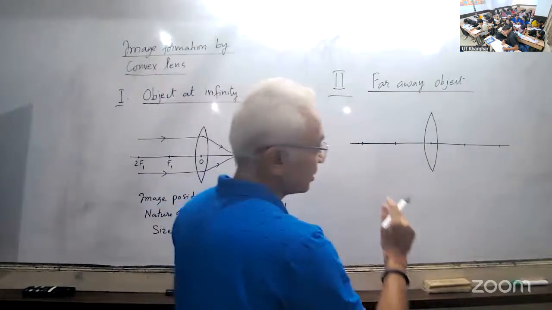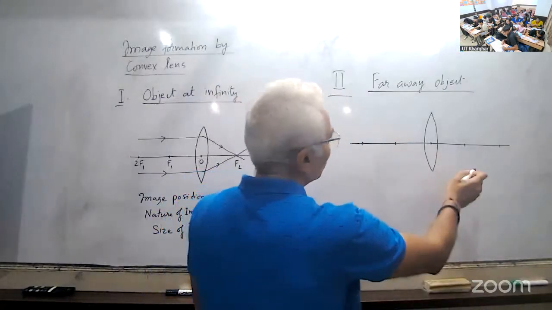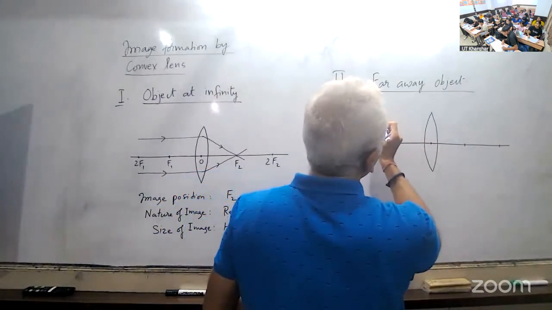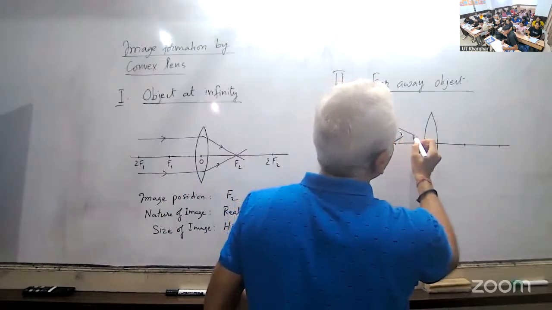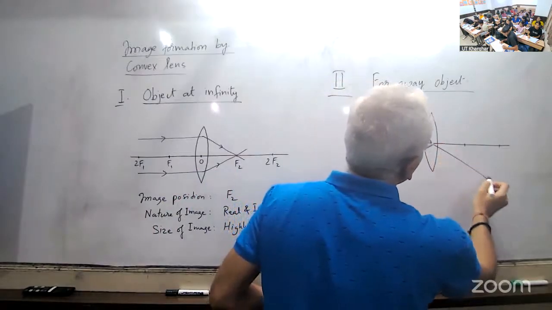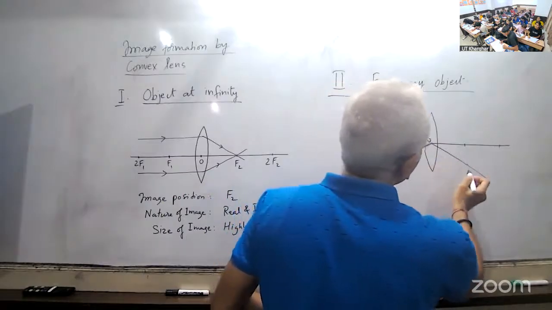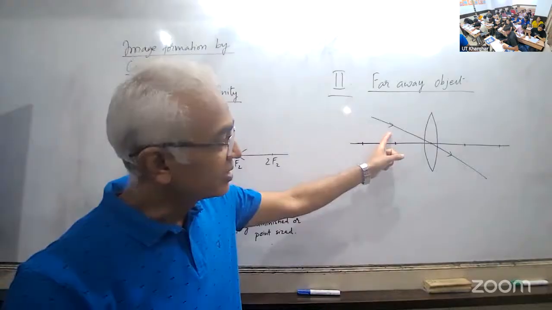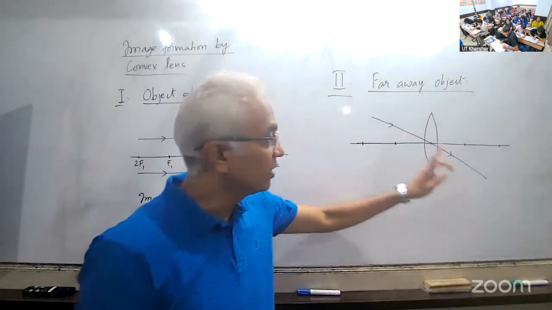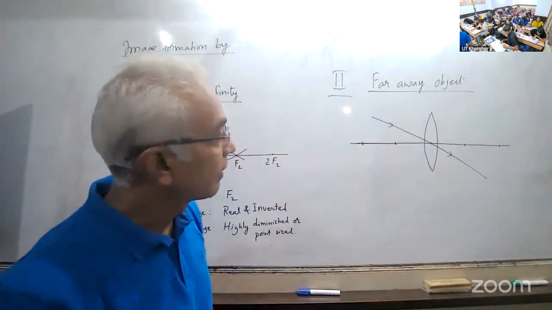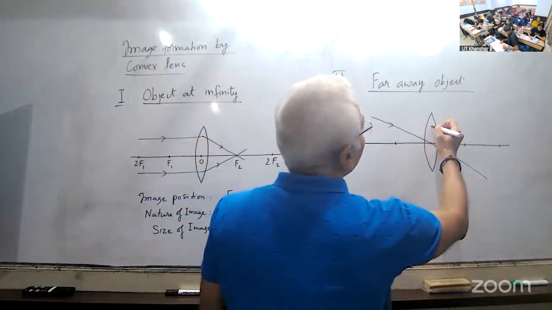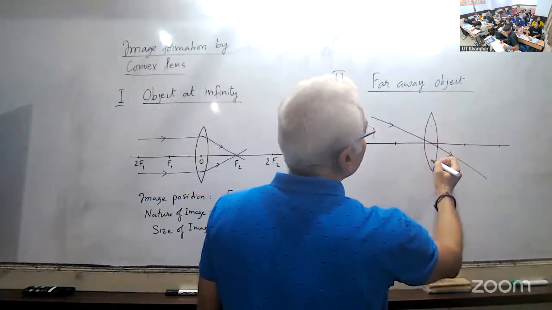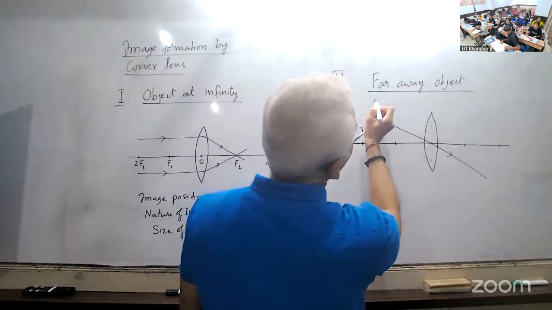So the trick is you draw the first ray passing through the optical center. Okay, this is the first ray. You have to show the direction for the incident ray and the refracted ray, right? Two directions per ray. Take one ray above and one ray below. It should be parallel.